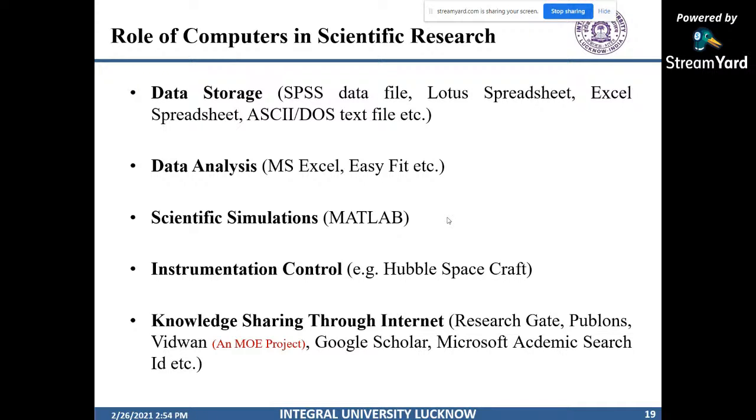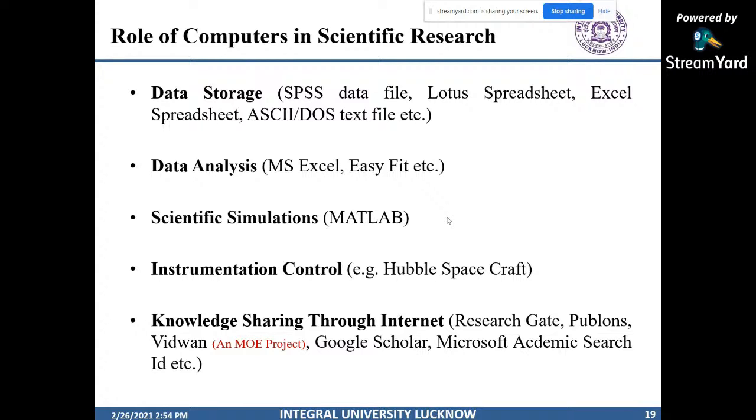Next one is data analysis. If you have tons of statistical data which you want to analyze, it is possible using specially designed algorithms that are implemented by computers. So if you have tons of statistical data, how can you analyze it?